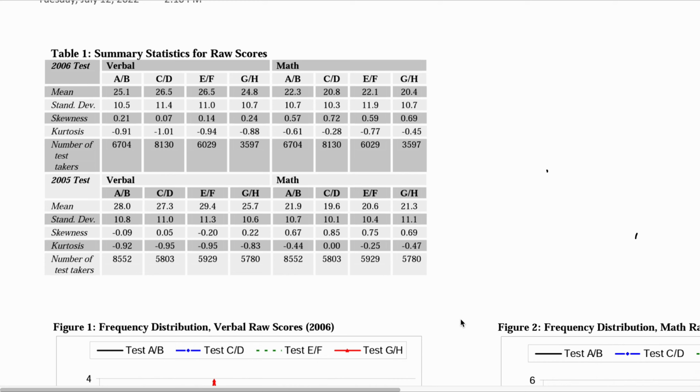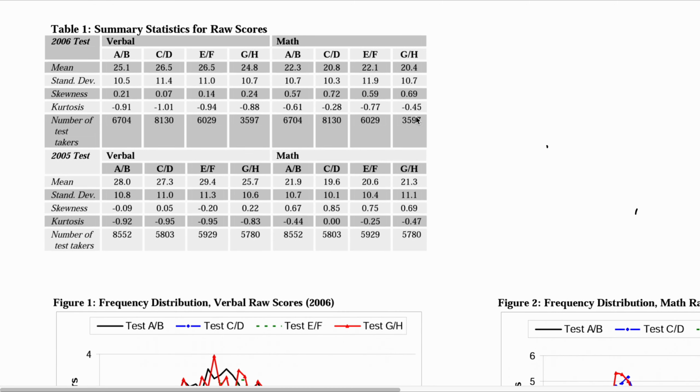Then in the next video we're going to look at what that means in terms of your test taking strategy for this test. If we look at table 1, we see the summary statistics of raw scores for both 2006 and 2005.